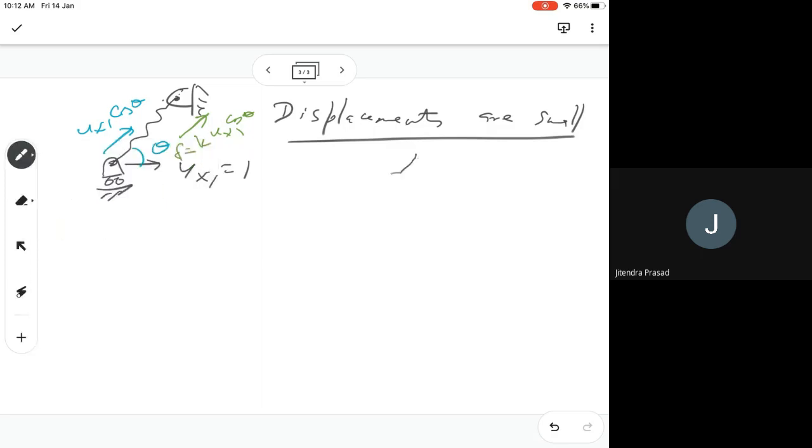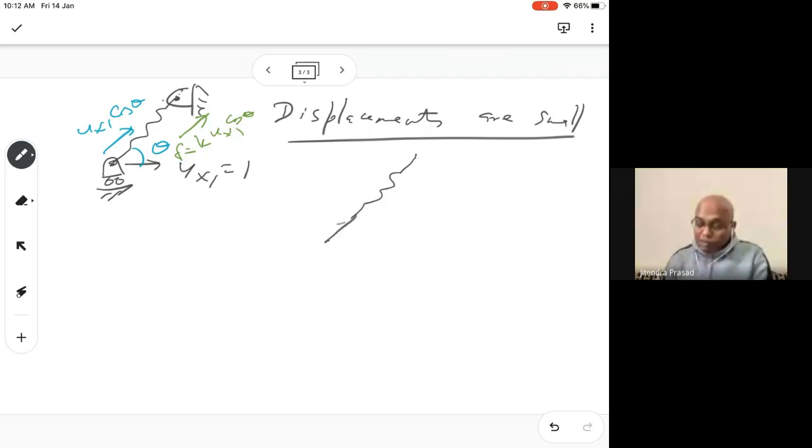Compression. Now you have a spring with a force equal to K, where K is the spring constant for this one. You have K, then ux1, which is equal to 1, so I will not write it. Then you have cos theta.